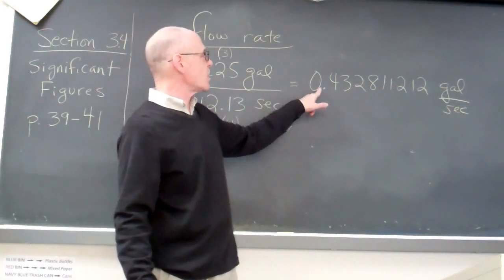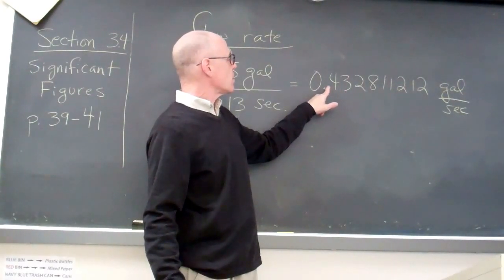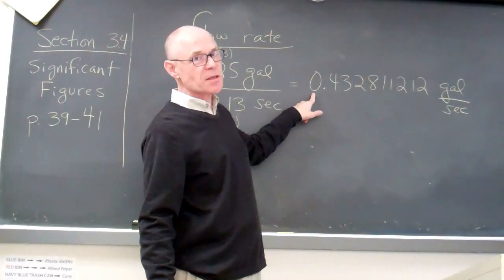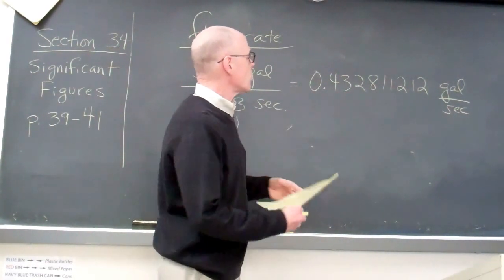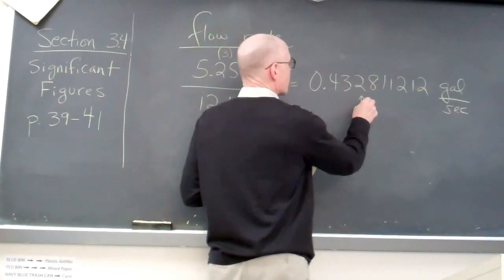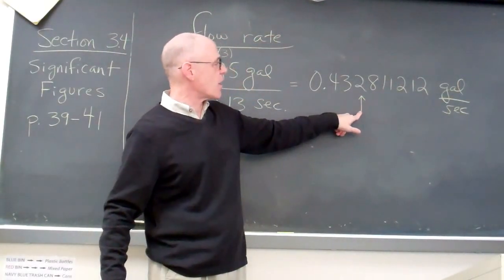So 3 significant figures will be, so the 0 at the beginning we've already talked about is not significant, so it'll be 3. So this will be the last place in your answer.